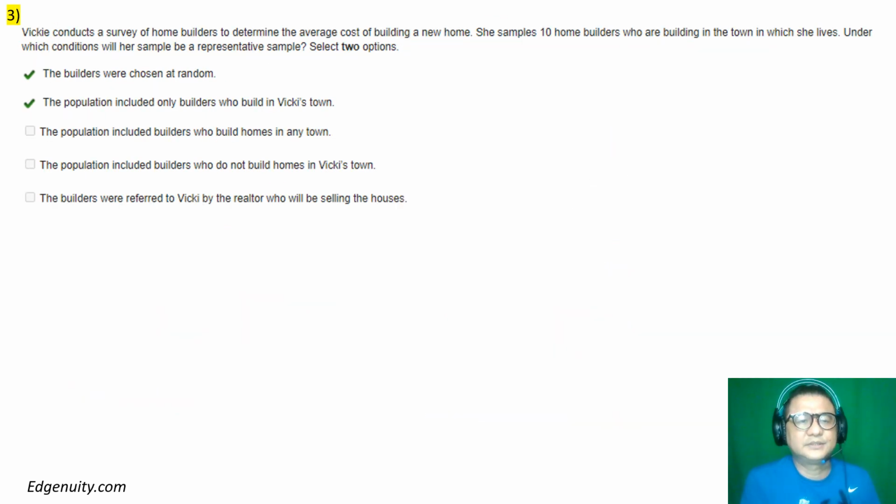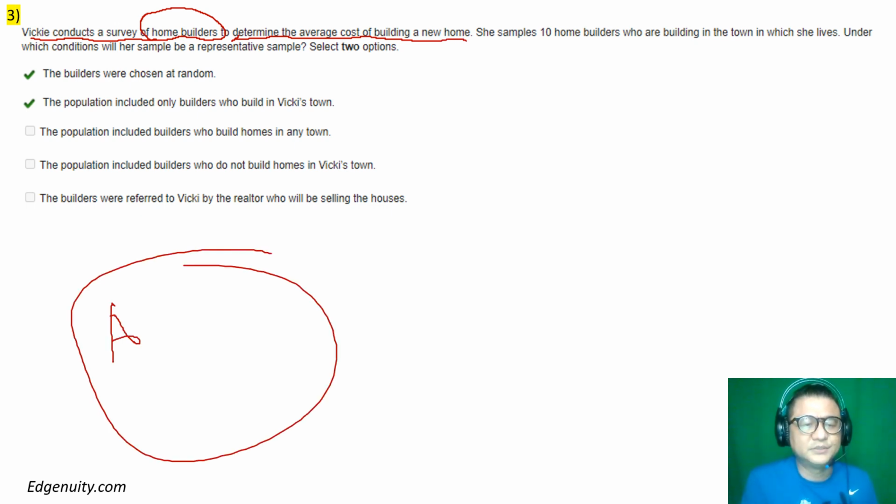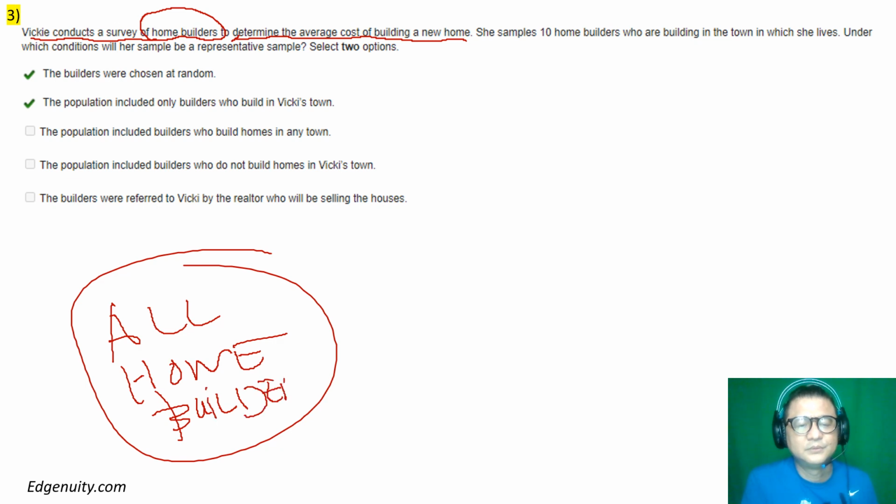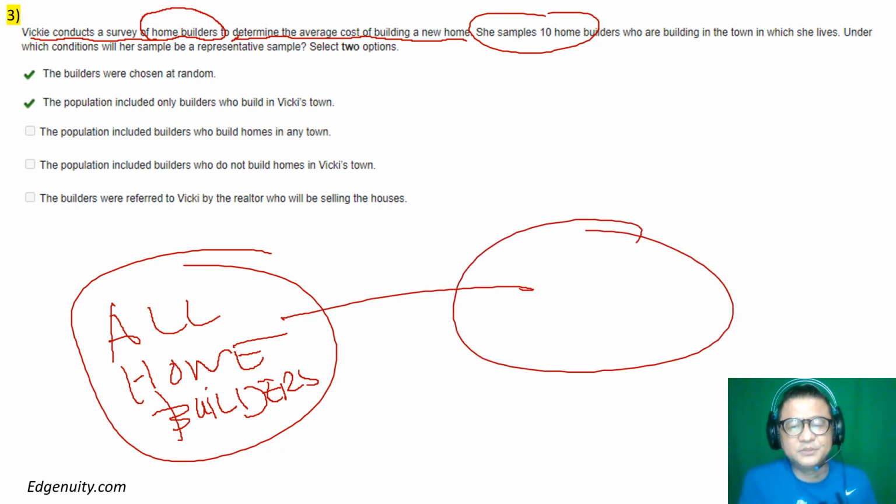Okay, let's look at the next example. Vicky conducts a survey of home builders all over the country to determine the average cost of building a new home. So all home builders. Now she samples 10 home builders.